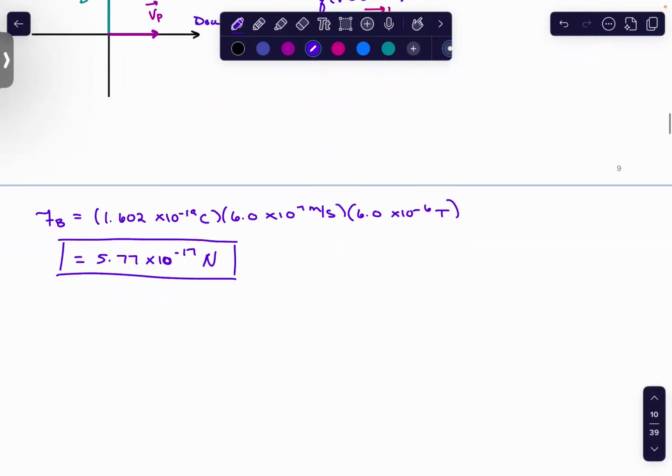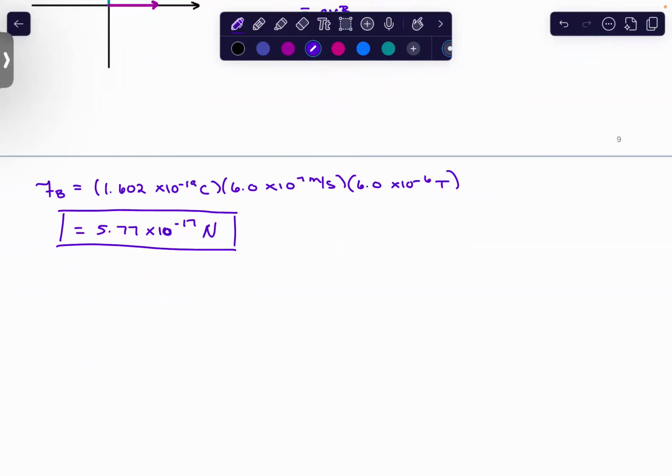the proton's acceleration. So we have the force on the proton. How do we figure out the acceleration? Mass of what?